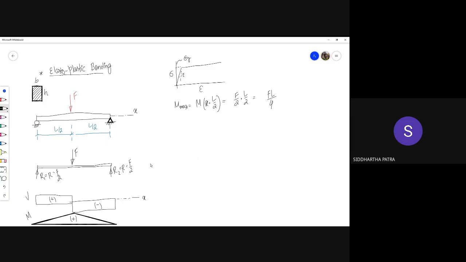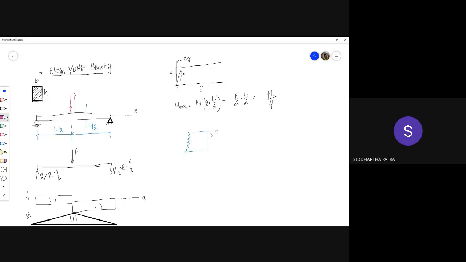So the idea is, if I cut it anywhere, I should be drawing a larger diagram. So if I cut it anywhere, I'm going to get some stresses, right?